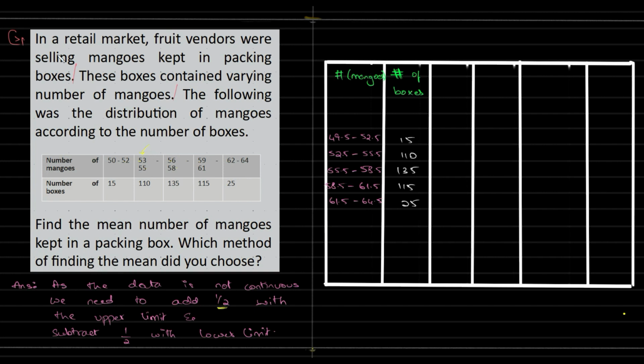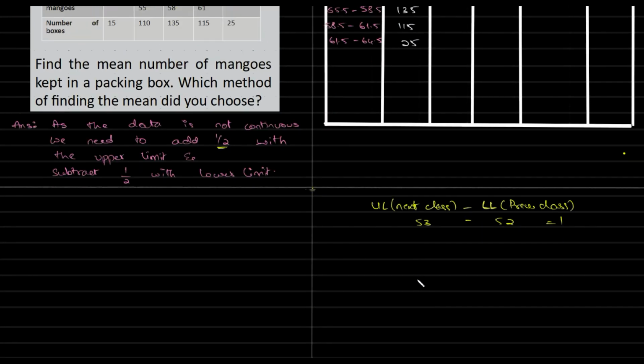Now let's go back to our original procedure. This is your table, then you have to find your class mark. Whenever you're starting with class mark, have a look if the class size is the same: 3, 3, 3, 3. So class size happens to be 3 throughout. So we just have to find the first row's average. That is 49.5 plus 52.5, which we can write as 50 plus 52.